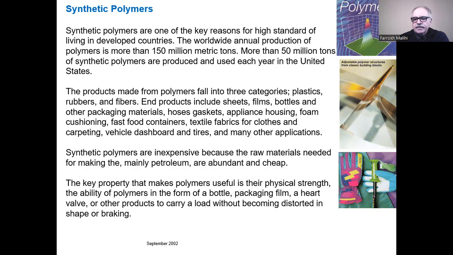And the end product of these categories include packaging materials, sheets, films, bottles, other packaging material, hoses, gaskets, appliance housing, foam cushioning, fast food containers, fabrics for clothes and carpeting, and auto dashboard and other parts, as well as the tires, as well as many other applications.